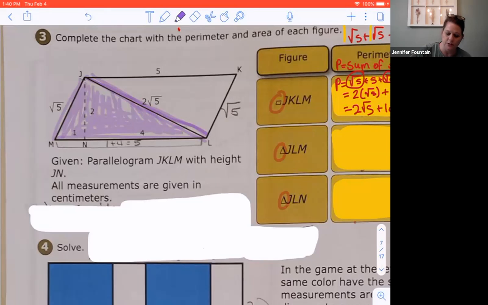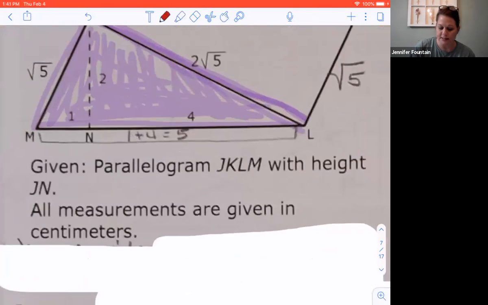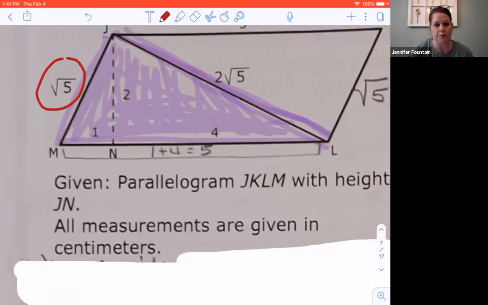JLM. So immediately I can go ahead and identify my sides, my base, and my height. So I can see that I've got one side is the square root of 5. Another side is 2 times the square root of 5. And then this other side was 5.